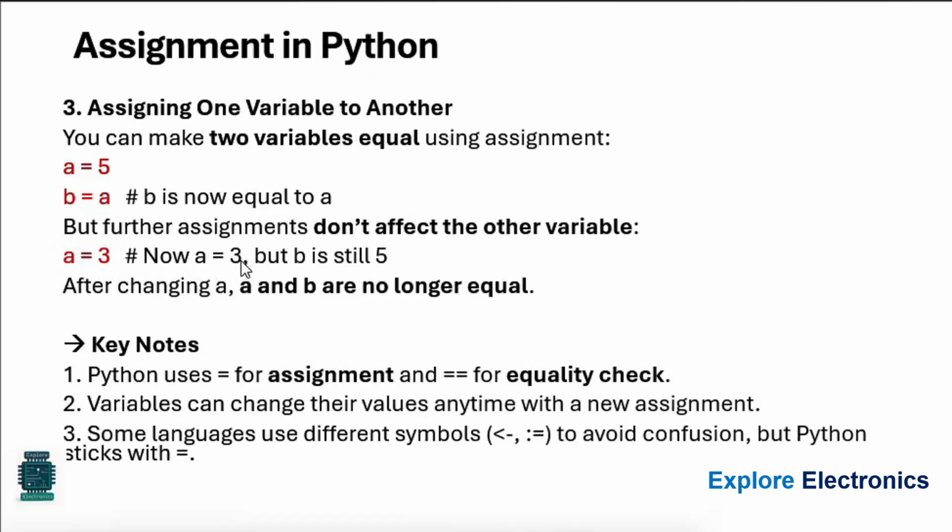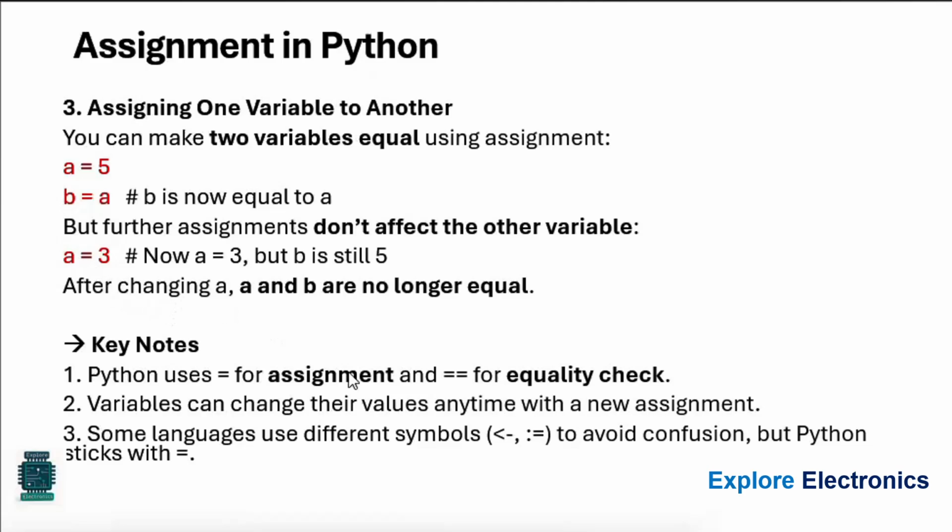Now a is equal to 3, but b is still 5 because I have taken b is equal to a. At that time a's value is 5 only. That's why b's value is 5. It doesn't affect b when I update a recently. Which means when I assign b to a, that value is 5. That's why it will take that value. It won't come back and take this value.